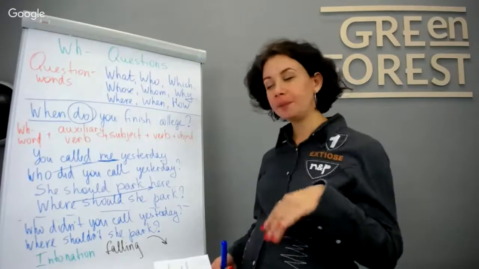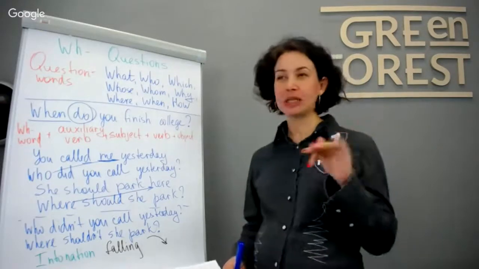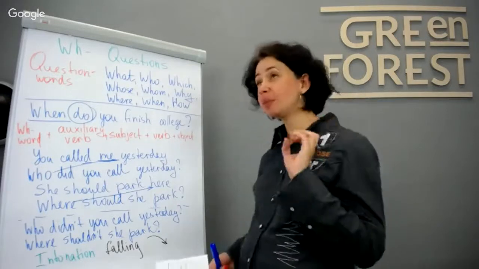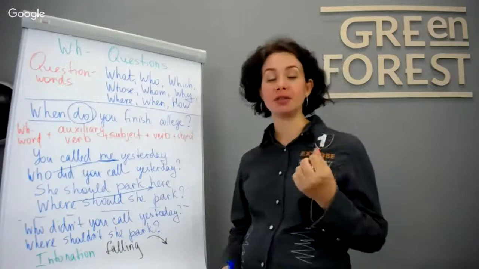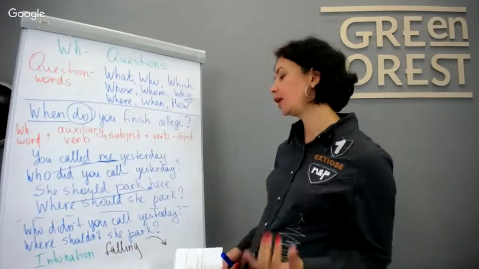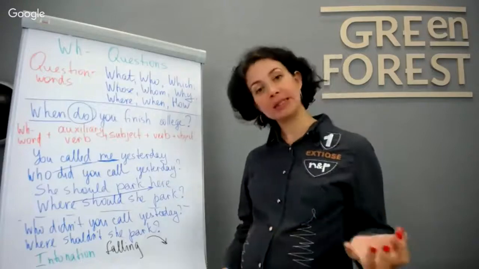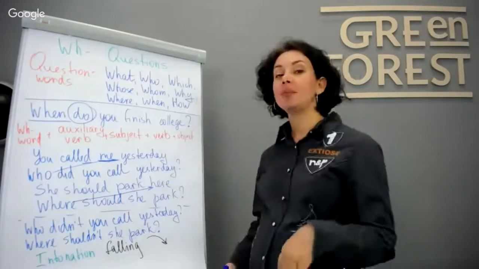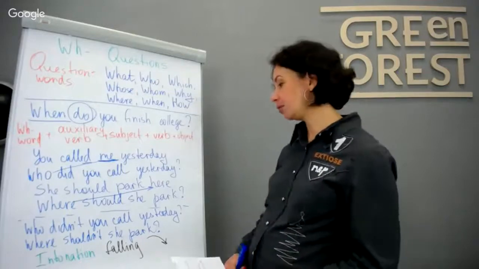And the intonation is rising because actually you told me already the time and I almost remember, but I want to know it exactly. So you want to clarify the information. It's not so common, but you have to keep in mind that in most cases the intonation must be falling, but sometimes it can be rising.